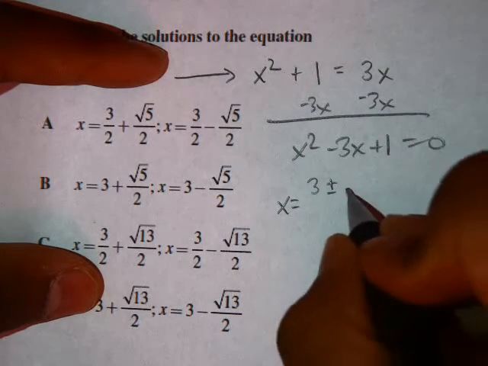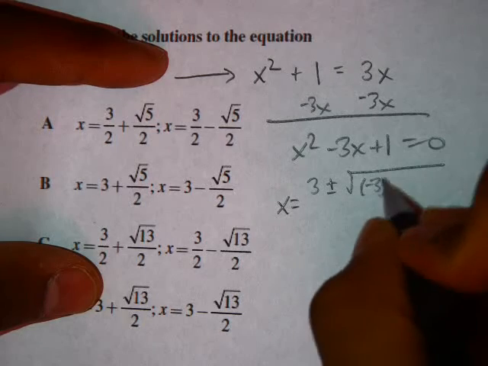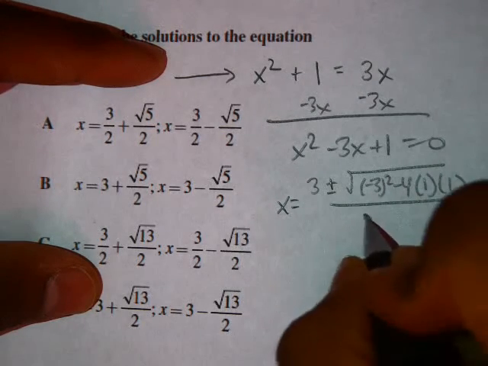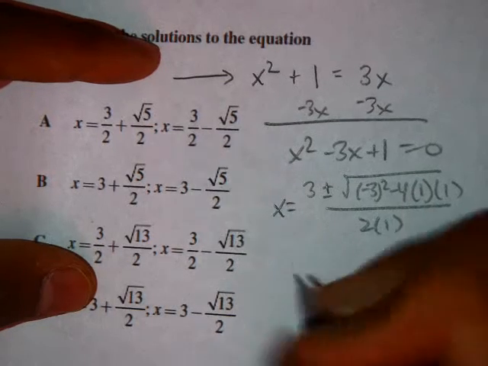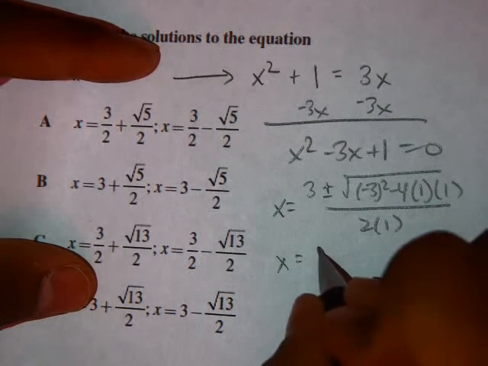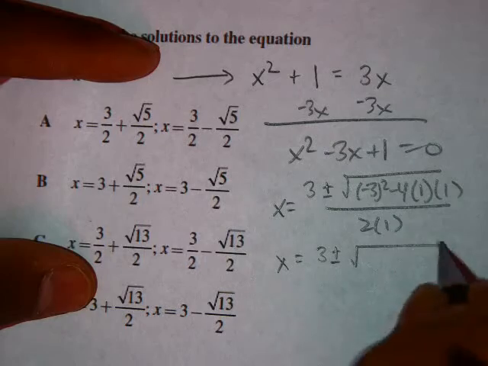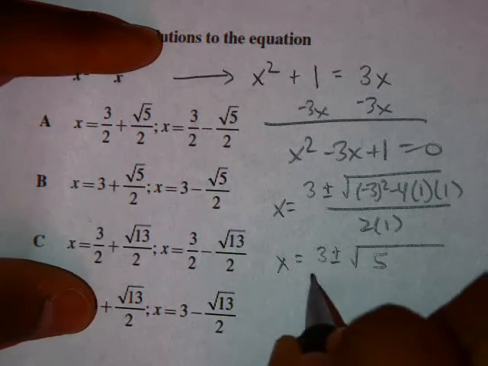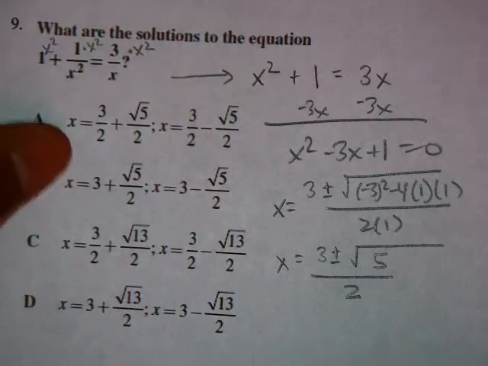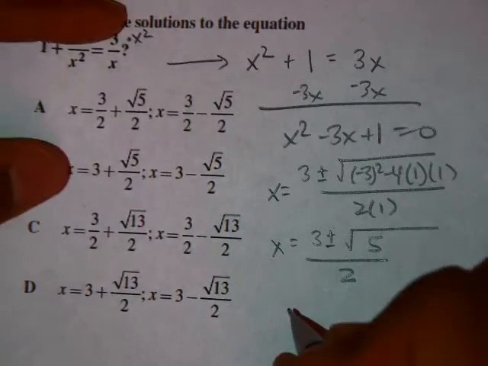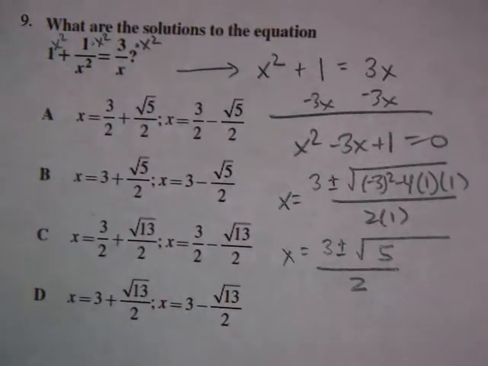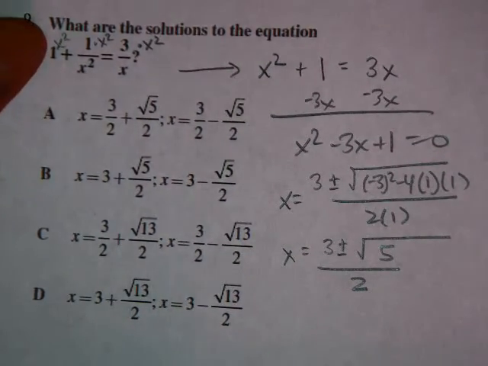So 3 plus or minus the square root of negative 3 squared minus 4 times 1, all over 2 times 1. This remains 3 plus or minus. This is 9 minus 4, which is 5, all over 2. So this should be 3 plus or minus square root of 5, all divided by 2.